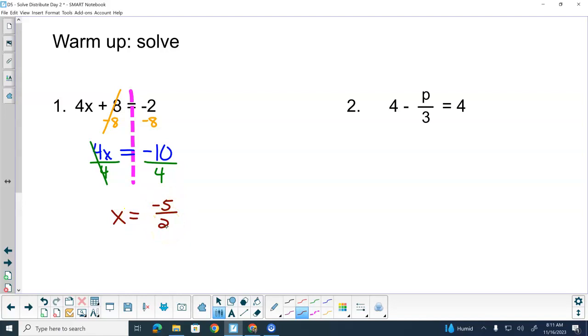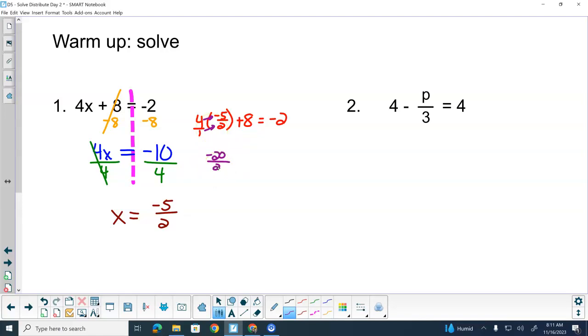Right? Okay. So then let's check it. So we've got 4 times negative 5 halves plus 8, and that's got to be negative 2. Well, that's like 4 over 1, right? So then if I multiply there and I multiply there, that's going to be negative 20 over 2.